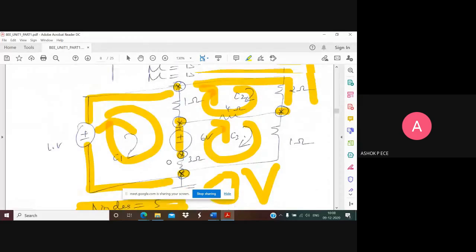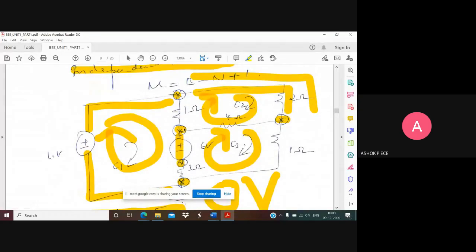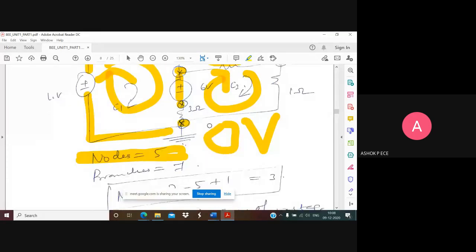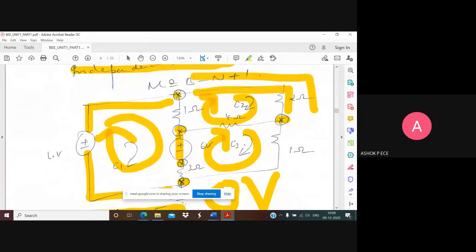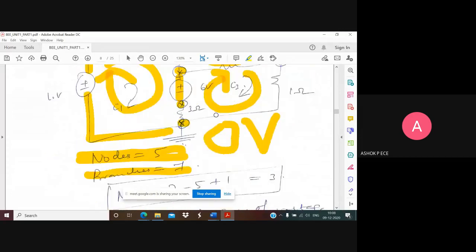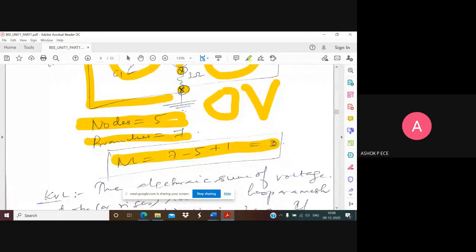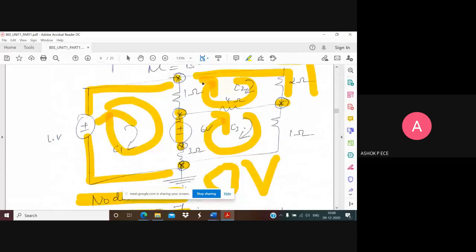This is one branch, this is one branch, this is one branch, this is one branch, this is one branch, and this is one branch. So you have totally 7 branches. Substituting in the formula, M is equal to 7 minus 5 plus 1, or you get 3 meshes. We have drawn the directions, so totally we have 3 meshes.